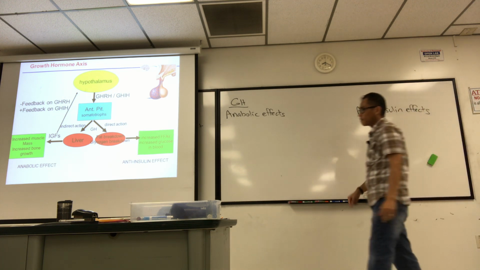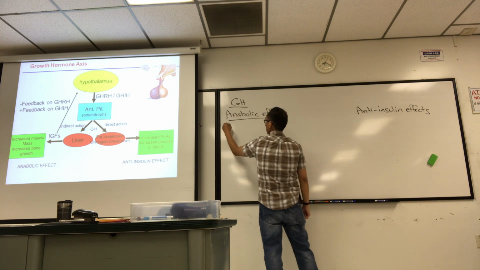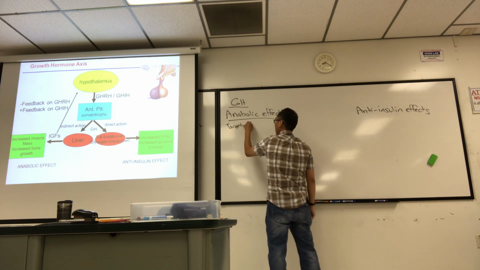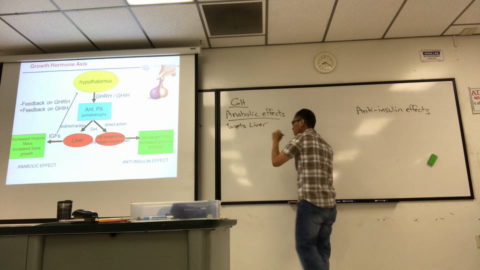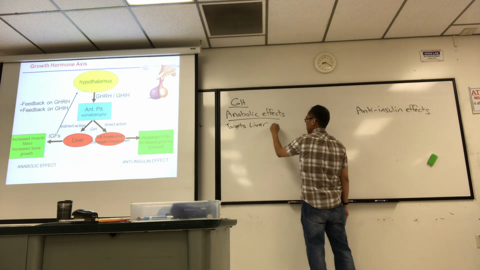So for the anabolic effects, growth hormone targets the liver. When it targets the liver, the liver will release insulin-like growth factors, or IGFs.